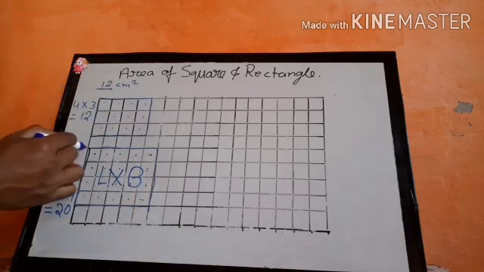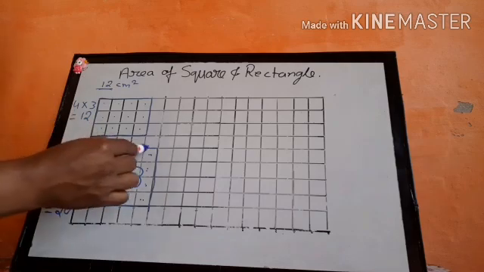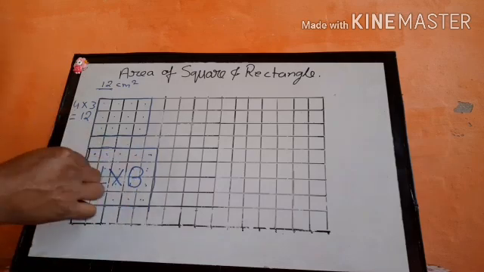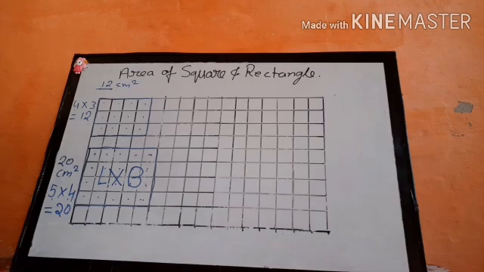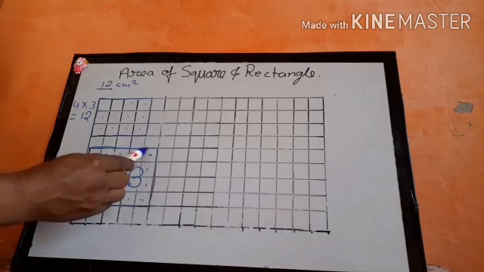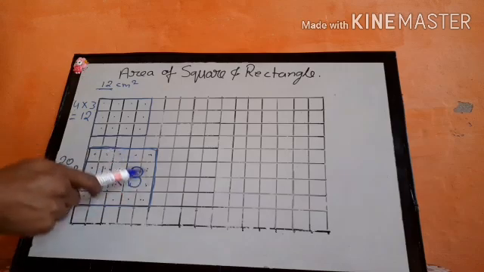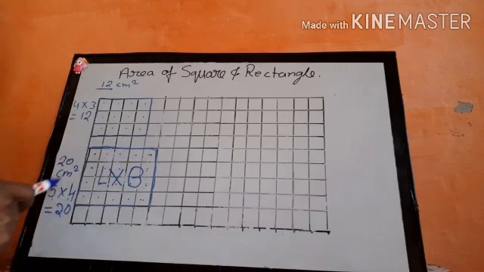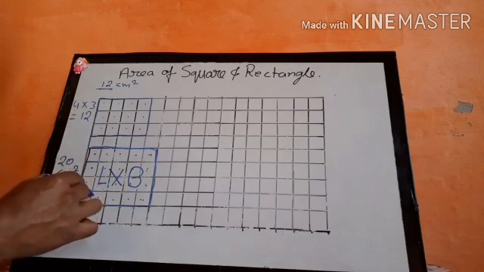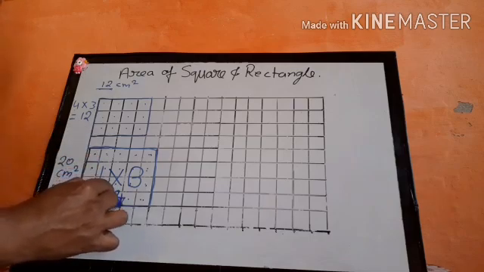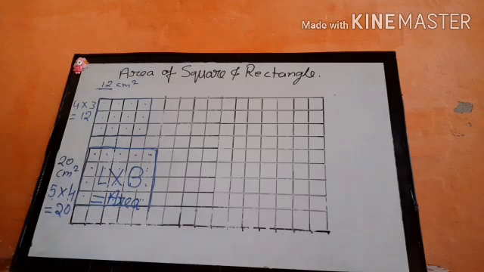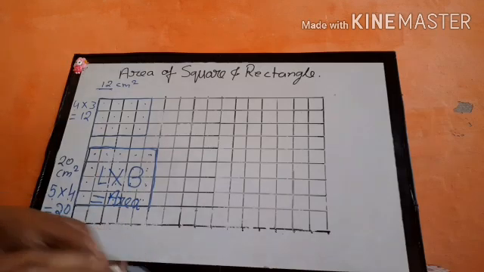Here we are taking two adjacent sides of the rectangle. This one and this one are adjacent sides. The product of these adjacent sides, length and width, is equal to the area of the rectangle. So by multiplying length into width, we will find the area of a rectangle.